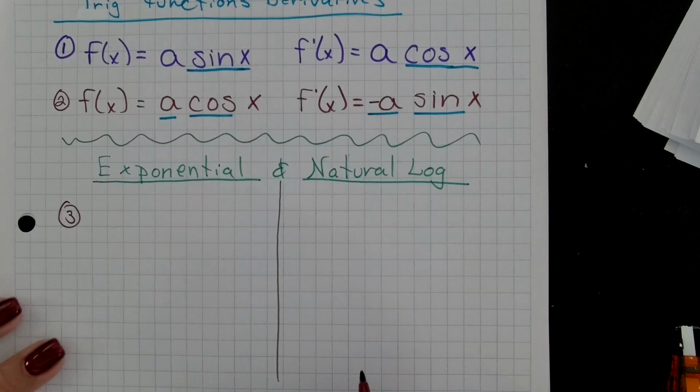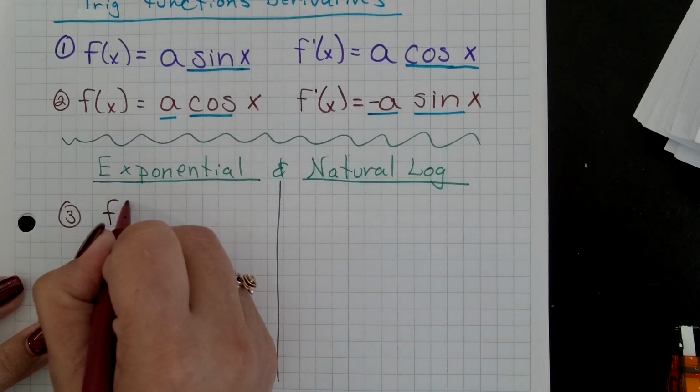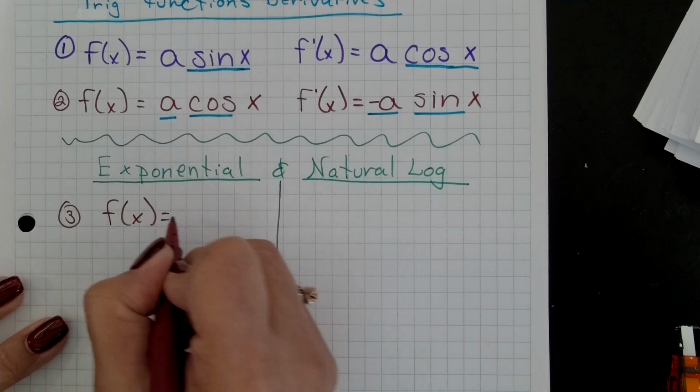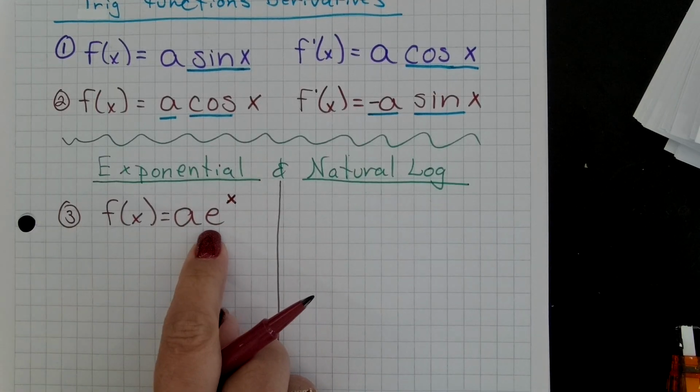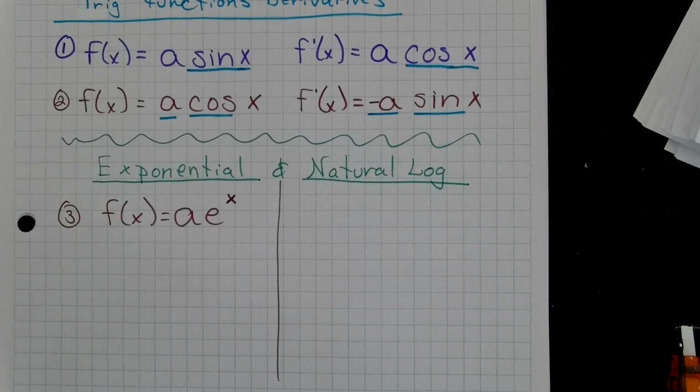This is my third function for today. So if I have f of x is equal to a e to the x, e to the x is the exponential function. If 100% of you in this class do not get this correct, I'm going to be very upset.